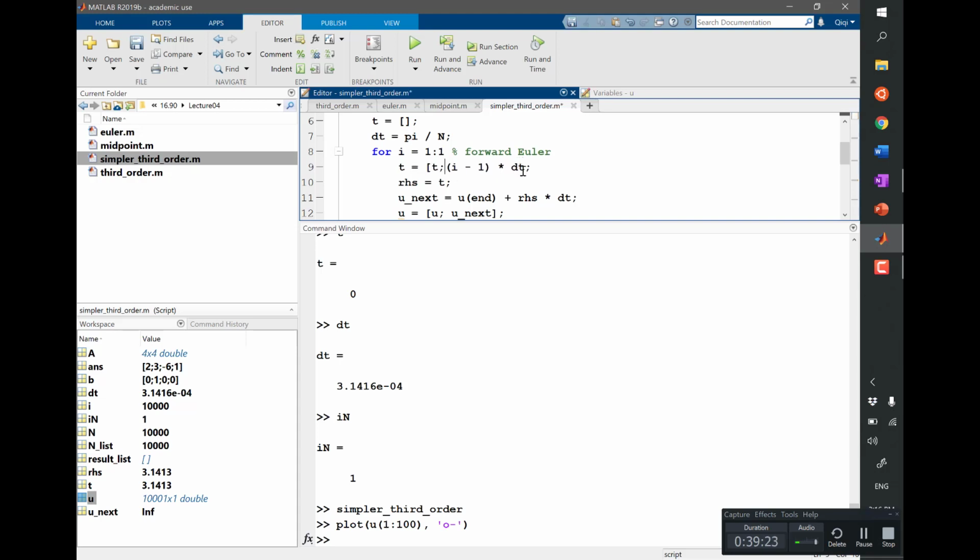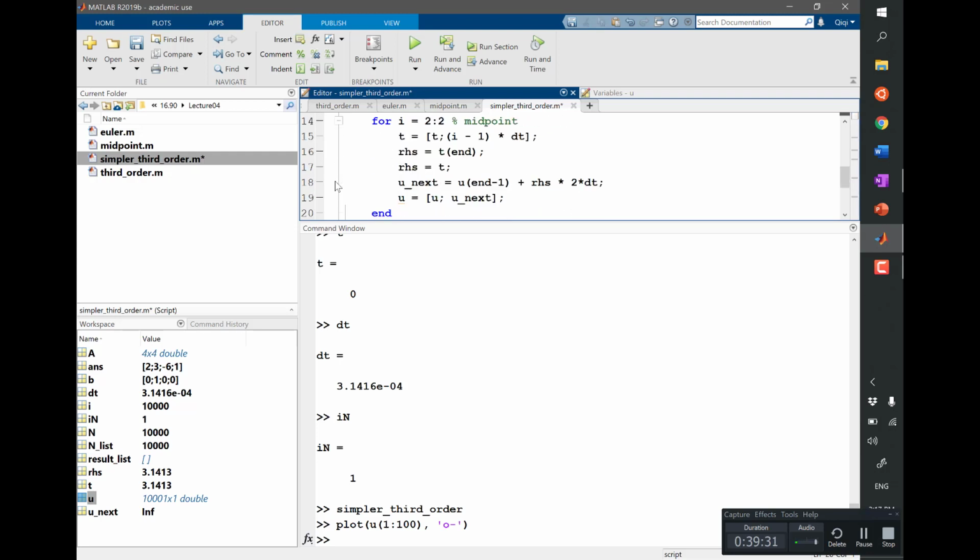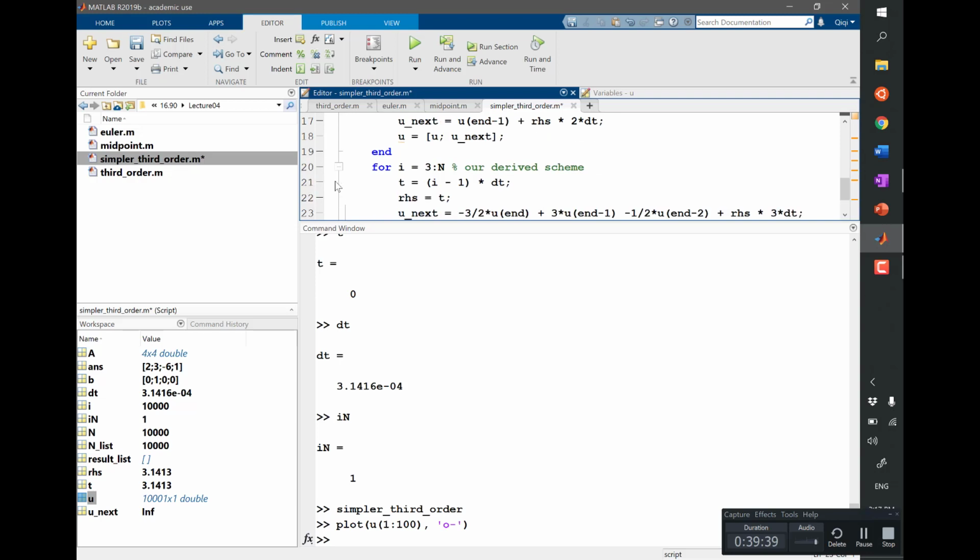Let me just append to the list of t. So right hand side is the last t. So this will be equivalent, but now we are recording the history of t, right? I should remove that. Okay.